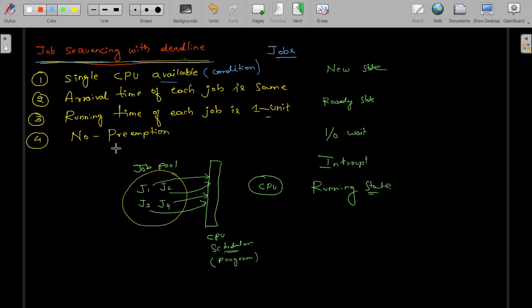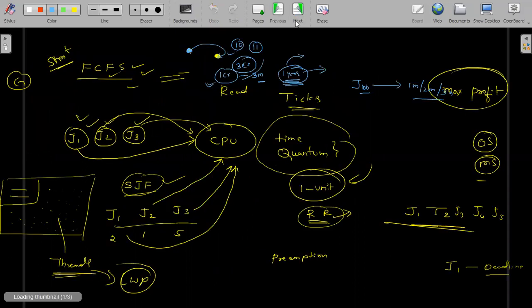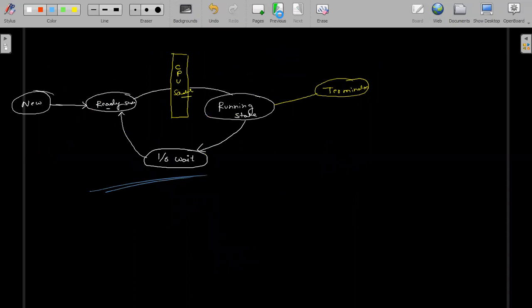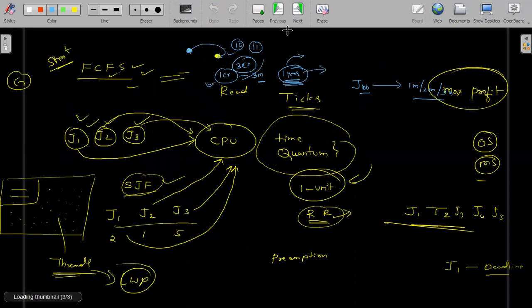For that, I am going to give you a small example. Please understand, everybody, and now you will get it. Let's take an example.